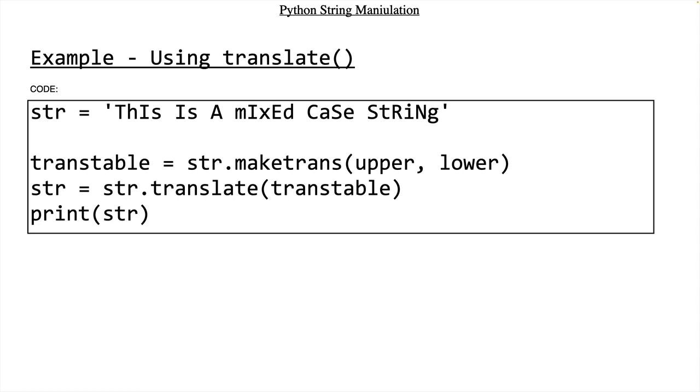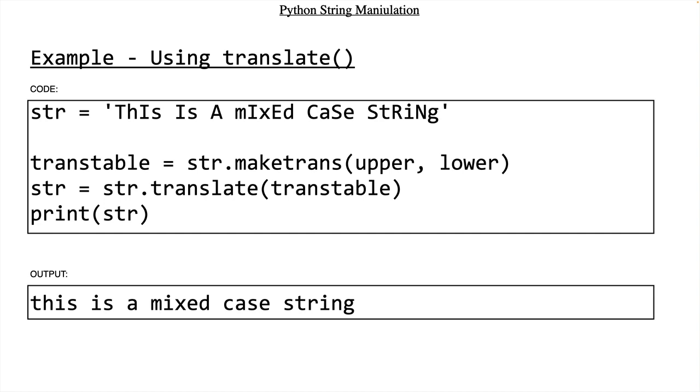And then I make my translation table using upper and lower, and then I translate using that table the contents of string, and then I print string out. So when I do that, the output is going to be this is a mixed case string. However, it's going to be in all lowercase because I mapped the uppercase letters, or translated them, from uppercase to lowercase.